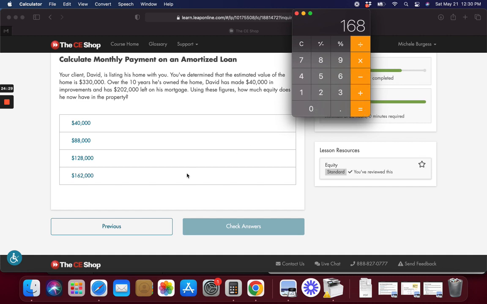So he made $168,000 in equity. $370,000 minus 202,000. Whoops. 330 minus 202 is 128.